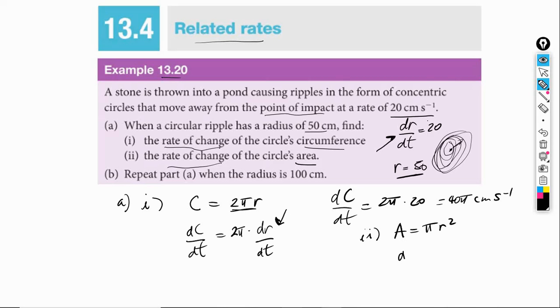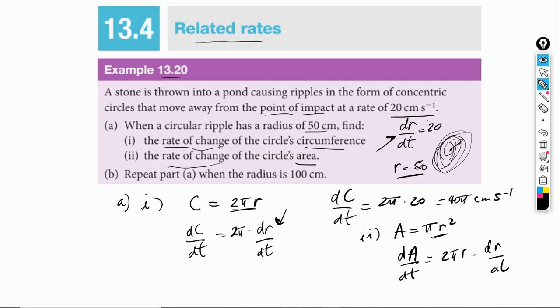The rate of change of the area is equal to, and let's differentiate this implicitly, 2 pi r times the derivative of the inside, which is the rate of change of the radius.